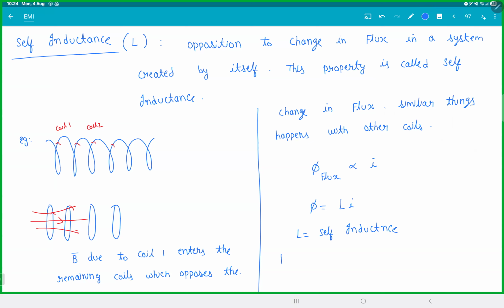The higher the L, the more opposition to the change in flux. So a system with a bigger L value will oppose the flux much more strongly than the other one. It's like inertia, electrical inertia basically. It's the inertia to flux.